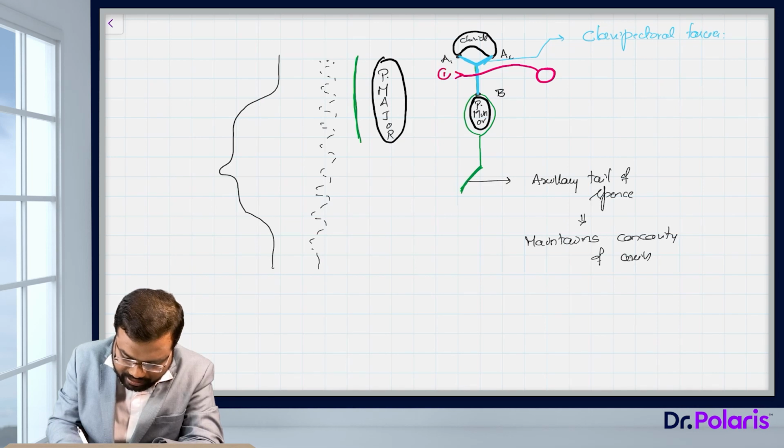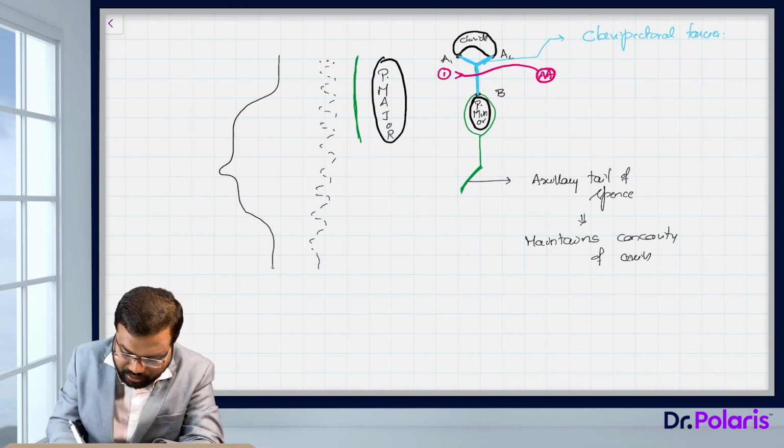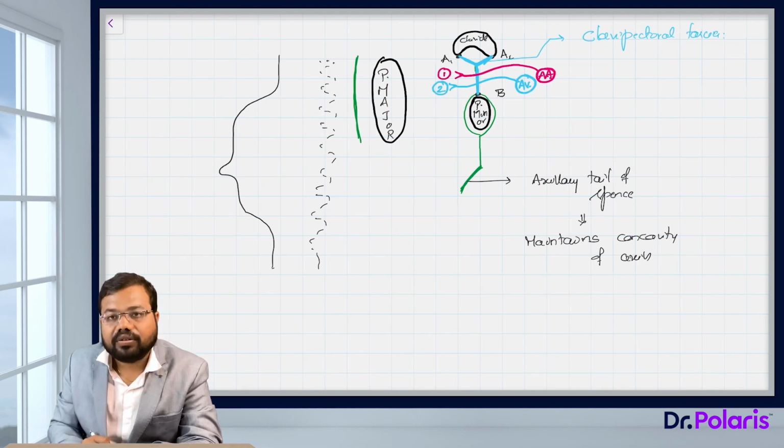So I'm keeping this as number 1, and this is the axillary artery. And just medial to that axillary artery, there is a vein called the axillary vein. Draining into the axillary vein also, there is another vein which pierces the clavipectoral fascia to drain into it. That is called the cephalic vein.